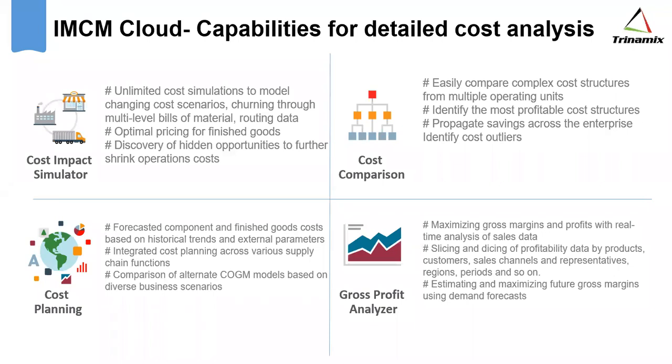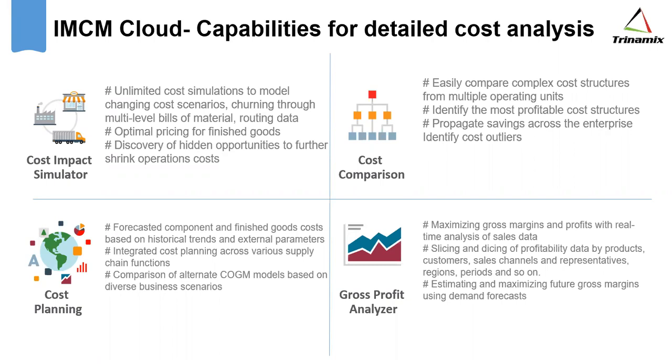And then cost comparison. Here we are showing a bill of material representation. We can also have a supply chain representation. In the complex manufacturing industry, components go into semi-finished goods or assemblies that are put together in the final SKU, shipped out across multiple factories, in-house or external production.